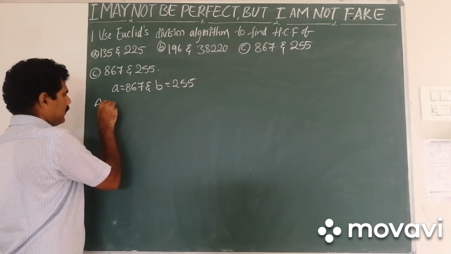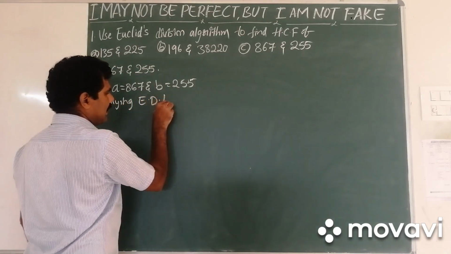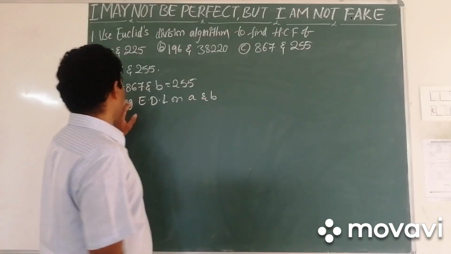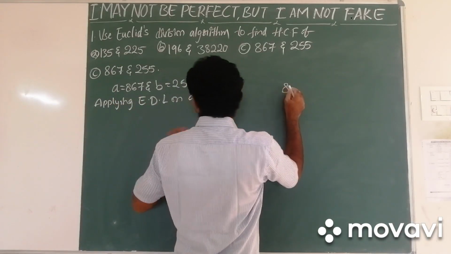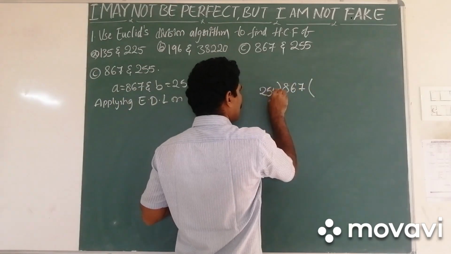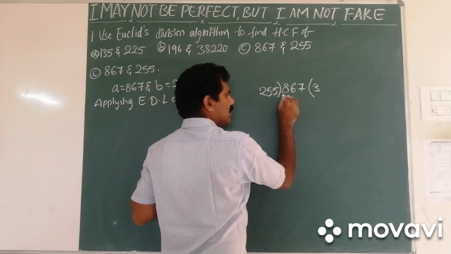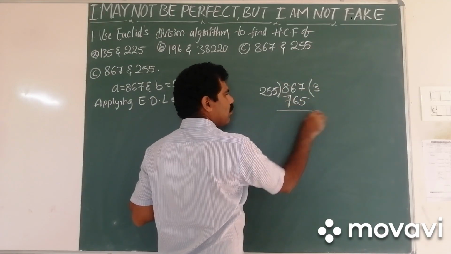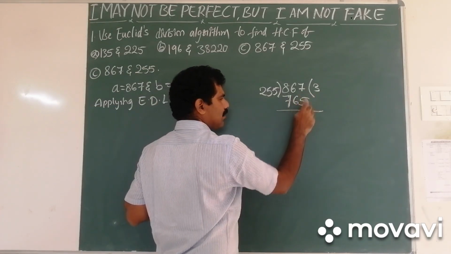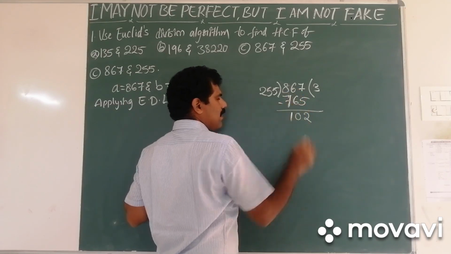We have to apply Euclid's division lemma on A and B. Now let me divide 867 by 255. How many times can it go? 3 times, 765. If I get 765, the remainder is something like here 7 minus 5, 2, 6 minus 6, 0, 8 minus 7, 1, isn't it?